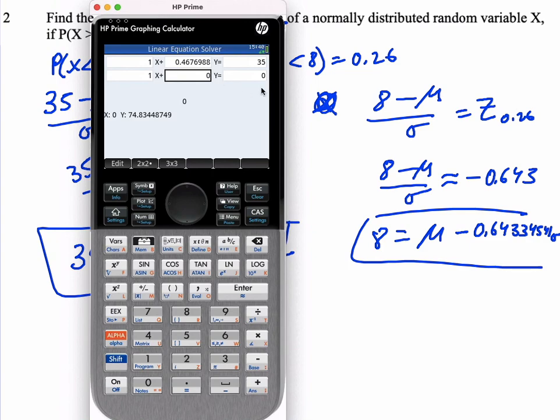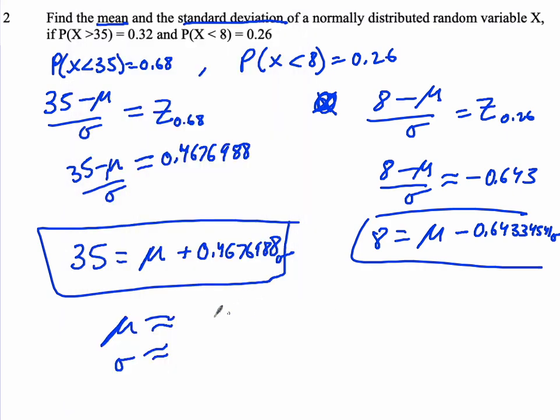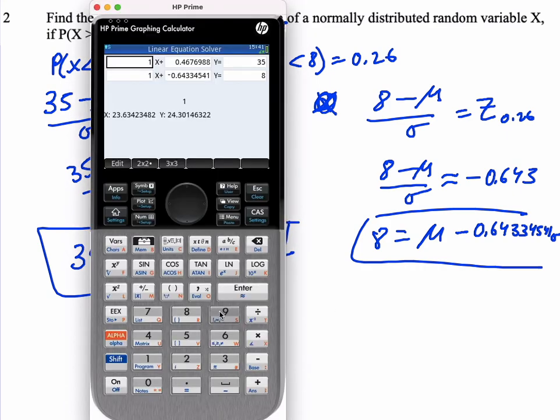And then here we get negative 0.643345, 4, 1, and 8. So that gives you the x and y value here, the mu and the sigma. So mu is 23.6, and sigma is 24.3.